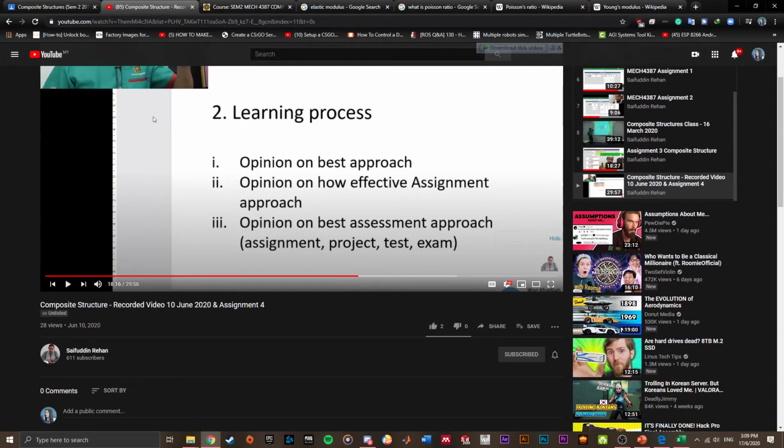The third one, opinion on best assessment approach. I think this one, the assignment is good, because I am comfortable with it. Maybe for the project, I don't know about the project, because I'm not really clear about the project itself, whether you want to make the project group or individual.